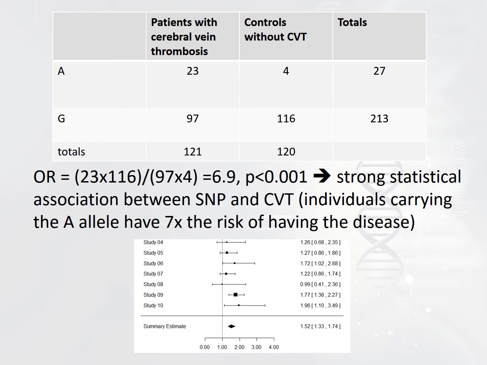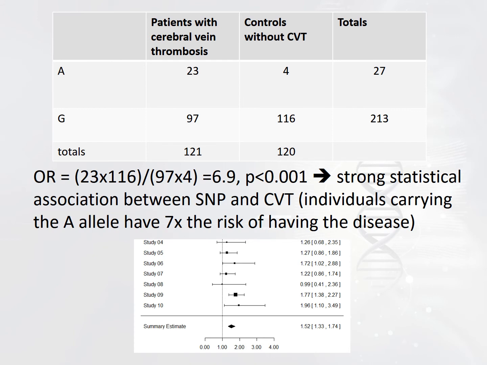So let's take a look at an example here. We have two variants at the prothrombin locus. We have G, which is the major allele, and A, which is the minor allele. So we are looking at cases with cerebral vein thrombosis and controls that are free of disease, and we are trying to determine the odds ratio of a particular allele to be associated with that disease.